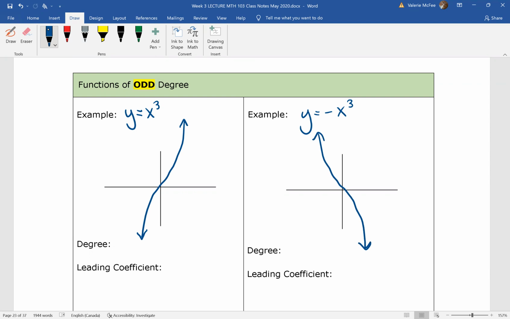So both of these have an odd degree. But in the first one, we have a positive leading coefficient. And in the second, we have a negative leading coefficient. But notice, all you have to do is know what these two graphs look like, x squared and x cubed, and then their reflections.